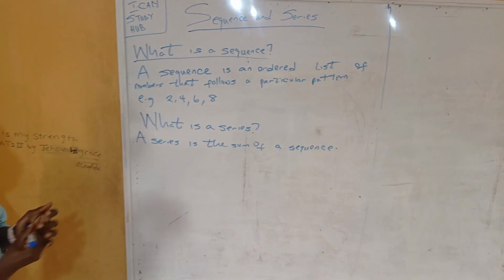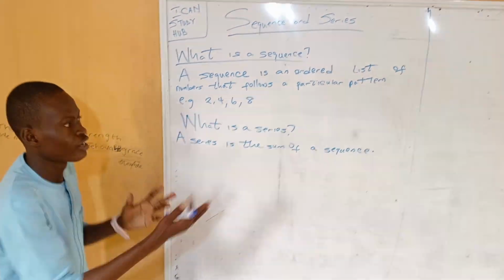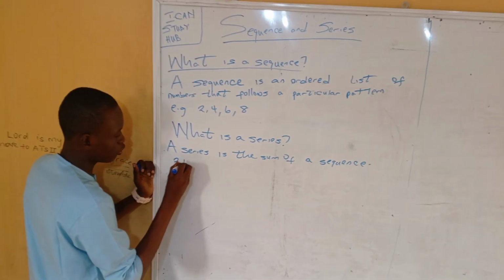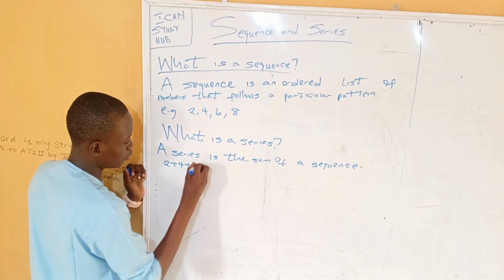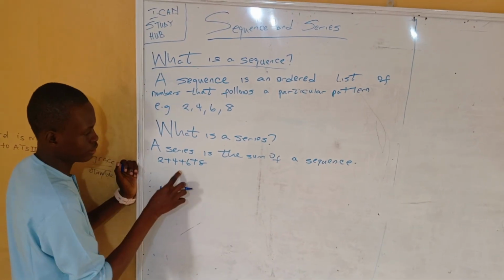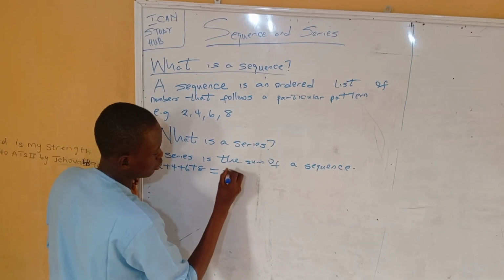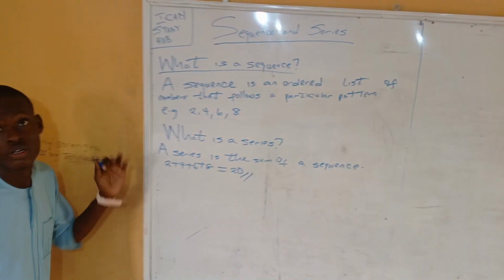So by the time you sum this sequence together, you get a series. Let's sum this sequence together. We have 2 plus 4 plus 6 plus 8. 2 plus 4 is 6, 6 plus 6 is 12, and 12 plus 8 is 20. So this is now a series.